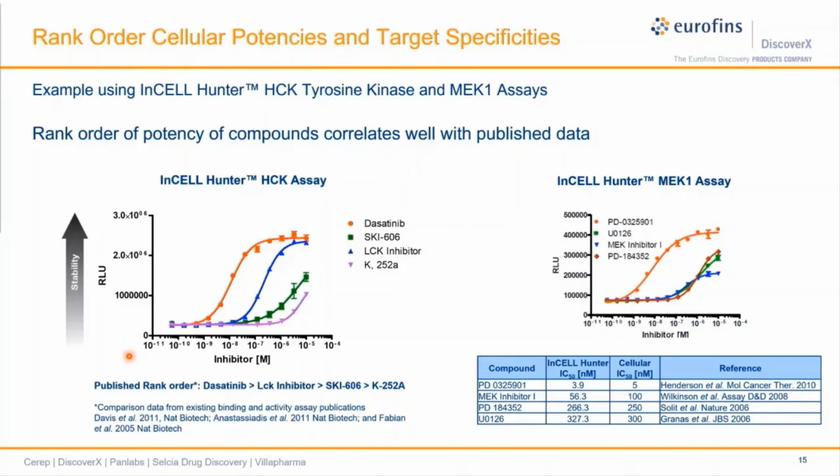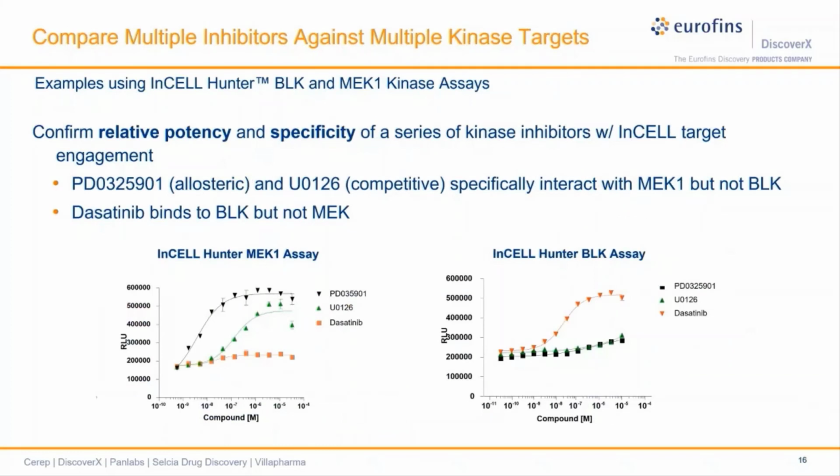For both of these data sets, we can see good rank order of potencies of the different inhibitors, and for both of these data sets, the rank order of potencies obtained for the InCELL Hunter assay was in good agreement with published cellular potencies from the literature. This experiment further demonstrates how protein kinase target specificity and rank order of cellular potency of a series of kinase inhibitors can be evaluated using the InCELL Hunter target engagement assay platform.